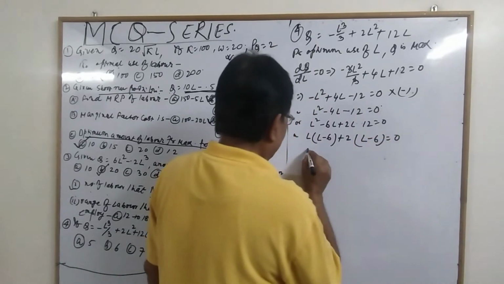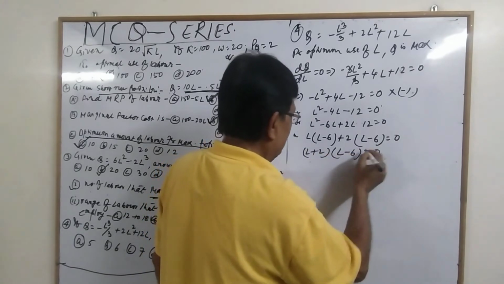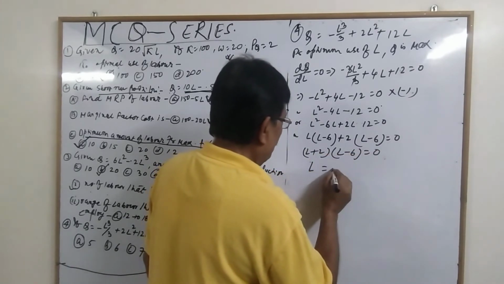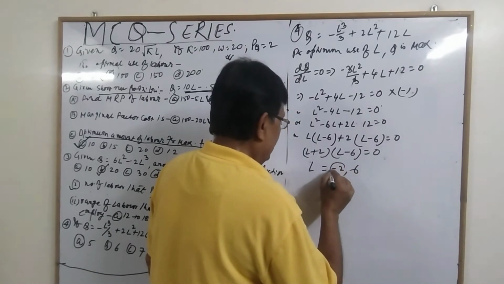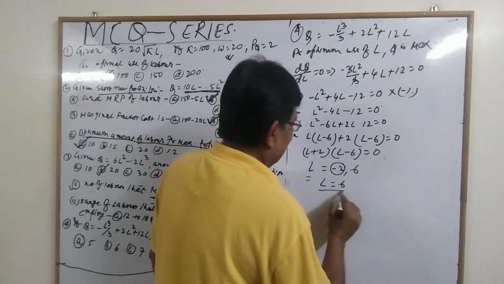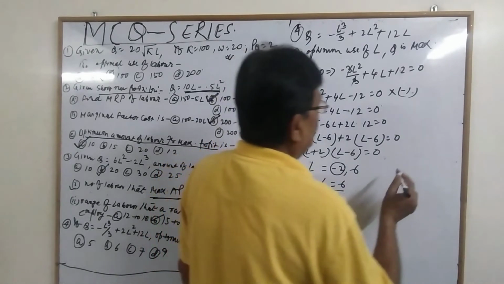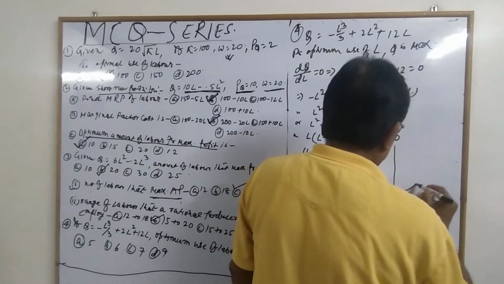So we have the factors L plus 2 into L minus 6 equal to 0. So we have the value of L as minus 2 and plus 6. Negative value is meaningless in economics. So definitely L is 6. These 6 units of labor would be required to maximize the total product.